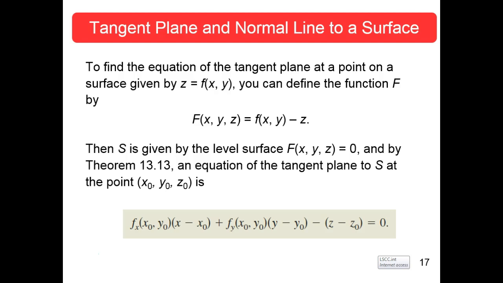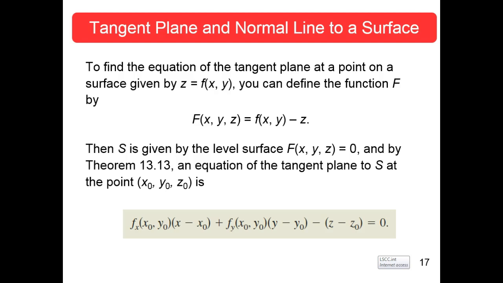Now, wait a minute. Yeah, okay. Written this way, all your x, y components are still here. Z component is there by itself, okay? So the partial of this F with respect to x is the same as the partial of this f with respect to x. So that's why they changed it from capital F to little f here at x0, y0, because this is only a function of two variables, times x minus x0, plus partial of f, this little f, with respect to y at x0, y0 times y minus y0.